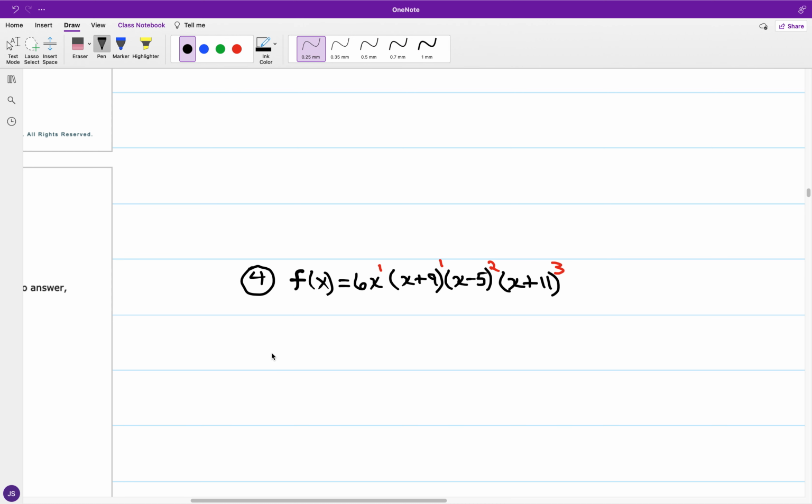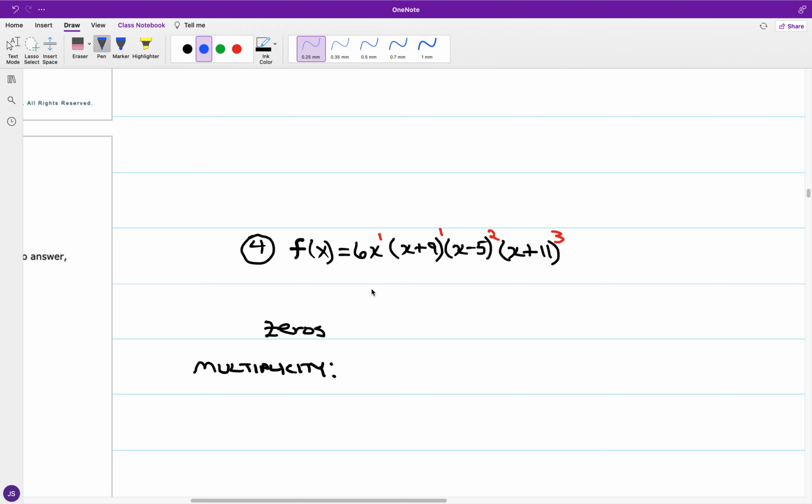And in the case of the zeros and the corresponding multiplicity value, just itemize in case you have your factors: x, x plus 9, x minus 5, as well as x plus 11.